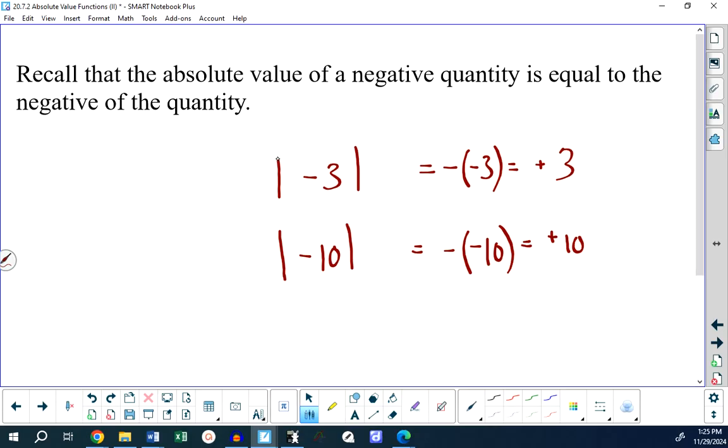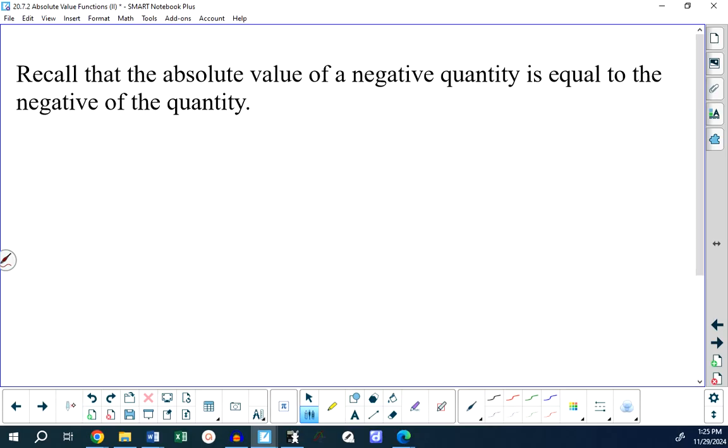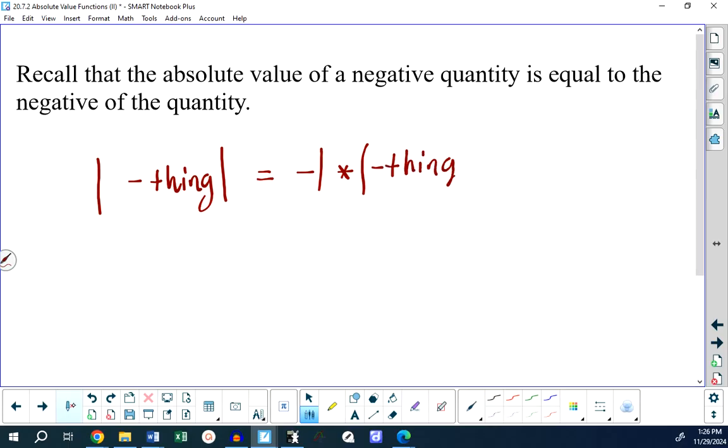Okay, the absolute value of a negative quantity, and I'll even write it this way so you can see it. The absolute value of some negative thing will always be equal to negative 1 times that negative thing. There's another way to write it.